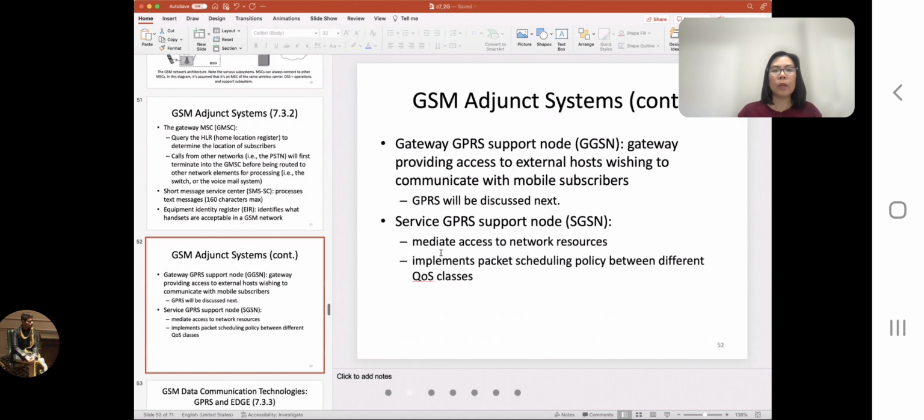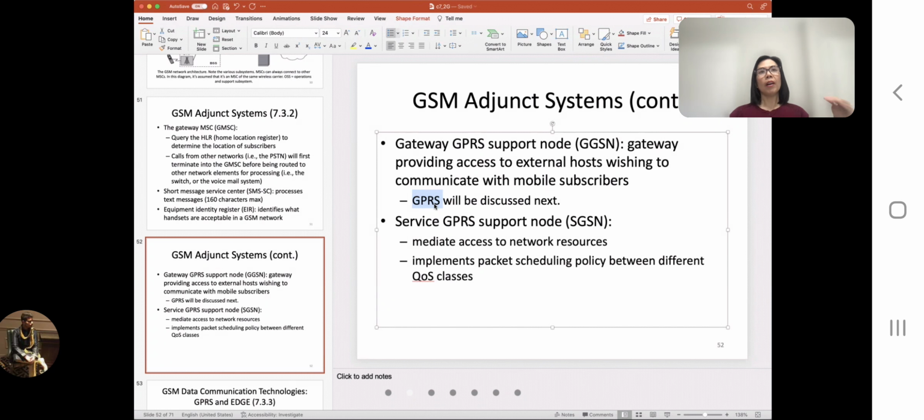And then we have something called the gateway GPRS support node and the service GPRS support node. Okay. So again, GPRS is called general packet radio service. So it is another service on top of a GSM network in order to handle data, basically handle packet traffic, right?